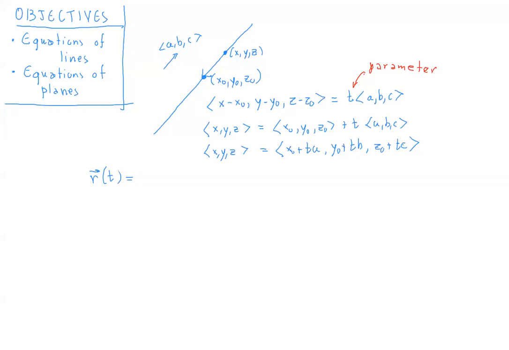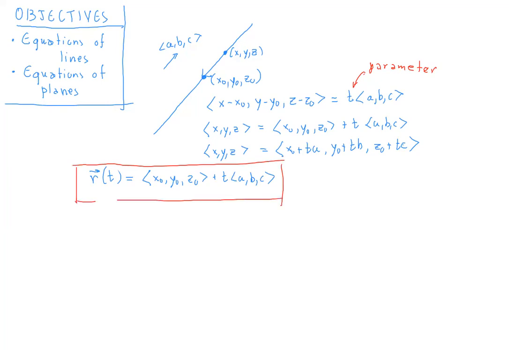So it's an equation that has outputs that are vectors. So from the initial data that we had, this is how we can find the equation of a line. And we have to make sure that we understand how this equation works. It works as follows. We can plug in real numbers t.